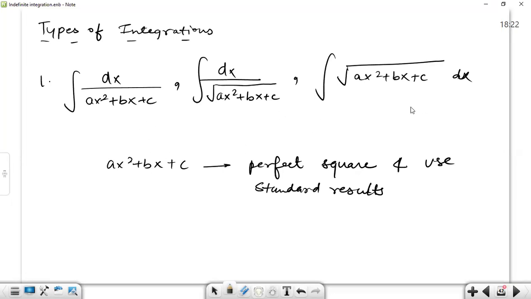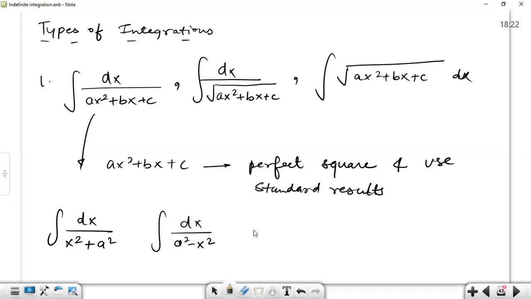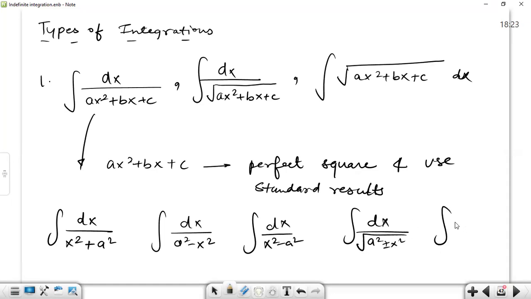So in this type of questions, what we will be trying to do is that we already know the formula of dx upon x square plus a square, or dx upon a square minus x square, or dx by x square minus a square, or dx by a square plus minus x square. We already know the formulas of these.